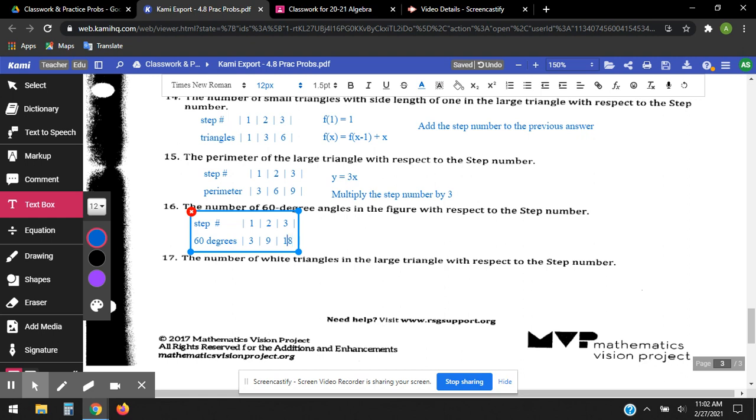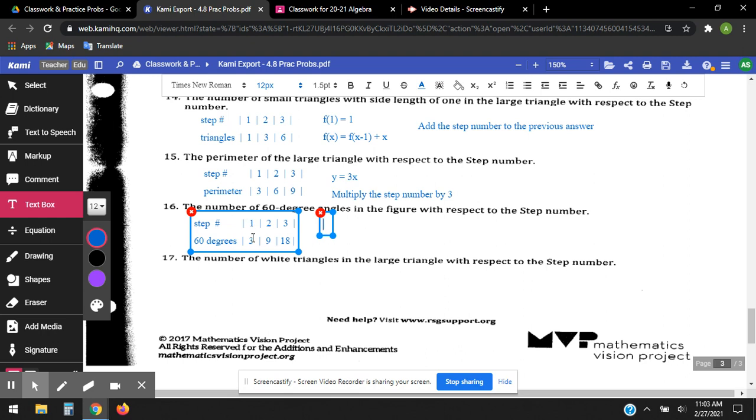Okay. So do we see a pattern in here at all? Well, this one's a little bit trickier. Seems like we're kind of tripling. We tripled that. We doubled that. We times 6. That's times 3. Times 3 plus 3.